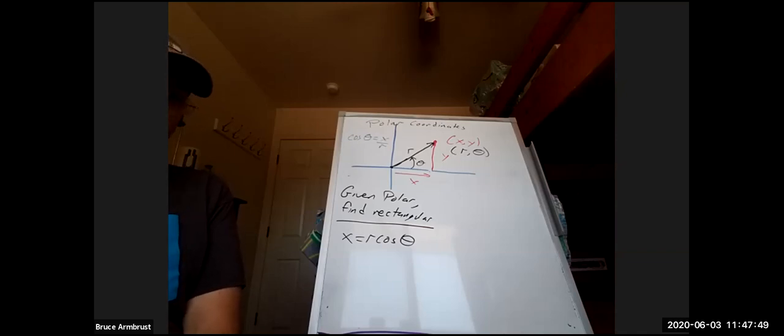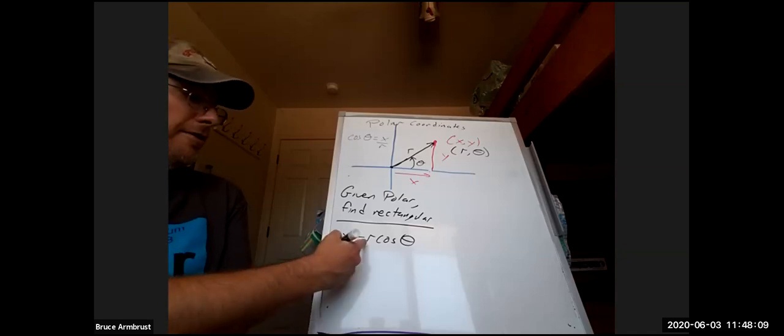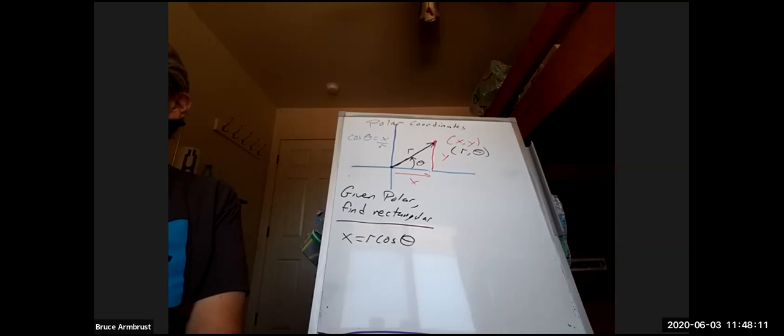I also want to point out that you've known this since week 1. Week 1, go back to April. And this was one of the very first things we did. Remember when we talked about the unit circle definition? The x-coordinate was the cosine of the angle. This r factor just allows for not being on the unit circle.